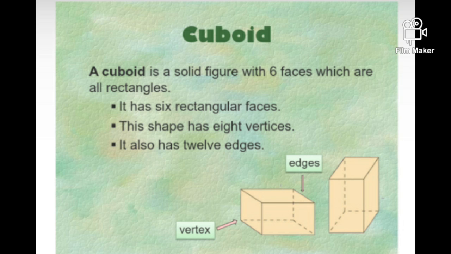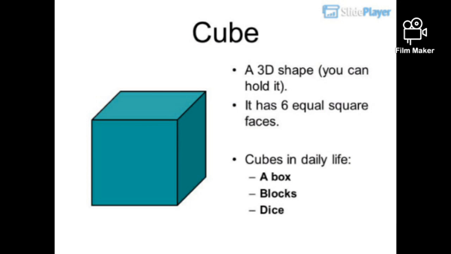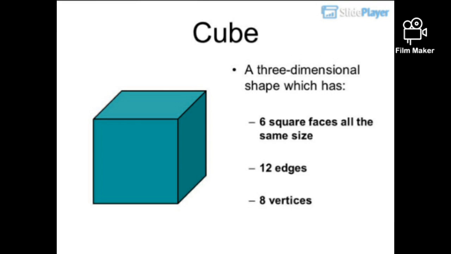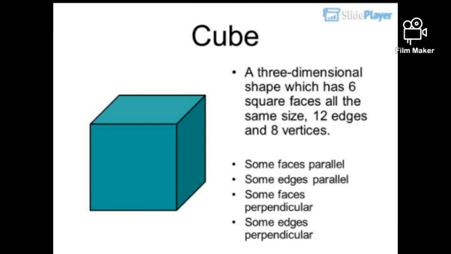So a cuboid is a solid figure with 6 faces which are what? Rectangles. It has 6 rectangular faces, 8 vertices, and 12 edges. Examples of a cube in our daily life are a box, a block, a dice, a Maggi cube, etc. So in summary, a cube has 6 square faces, all the same size, 12 edges, 8 corners or vertices.